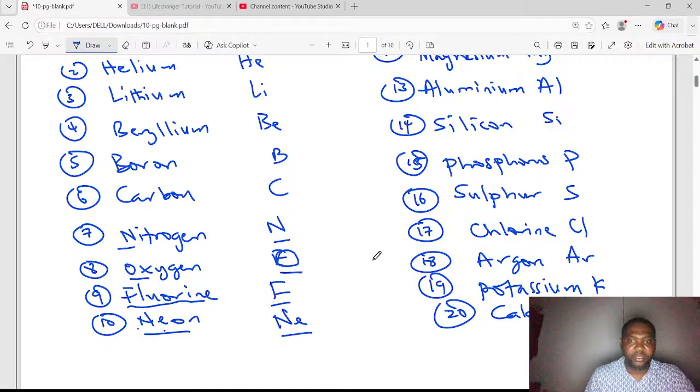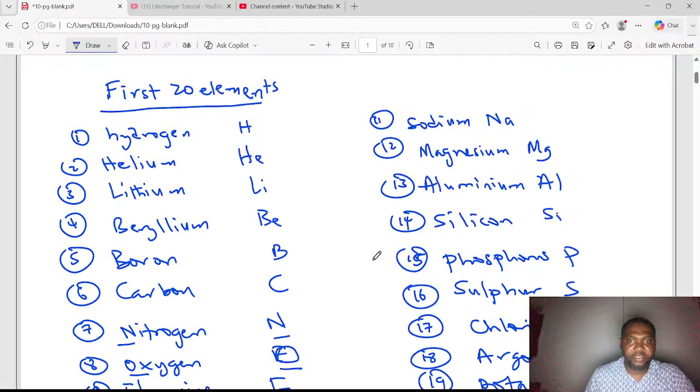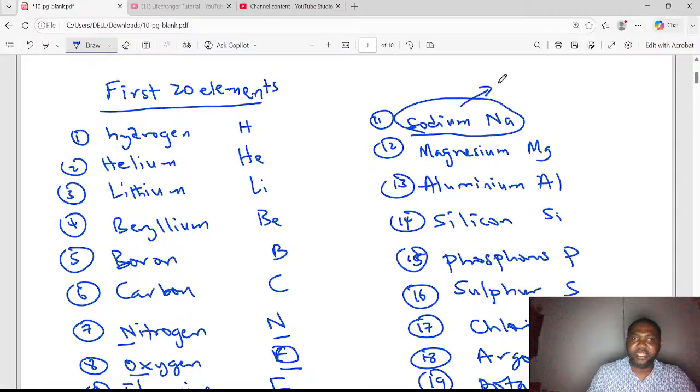Now, but all of them are not like that. A good example is sodium. The reason why sodium is Na is because it was a Greek person that discovered sodium. So this Na comes from the Greek name of sodium, which is something like natrium.